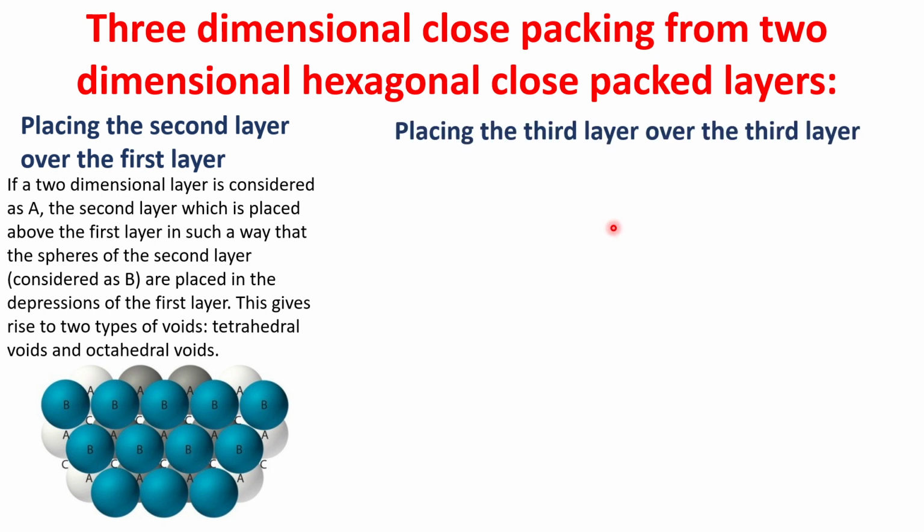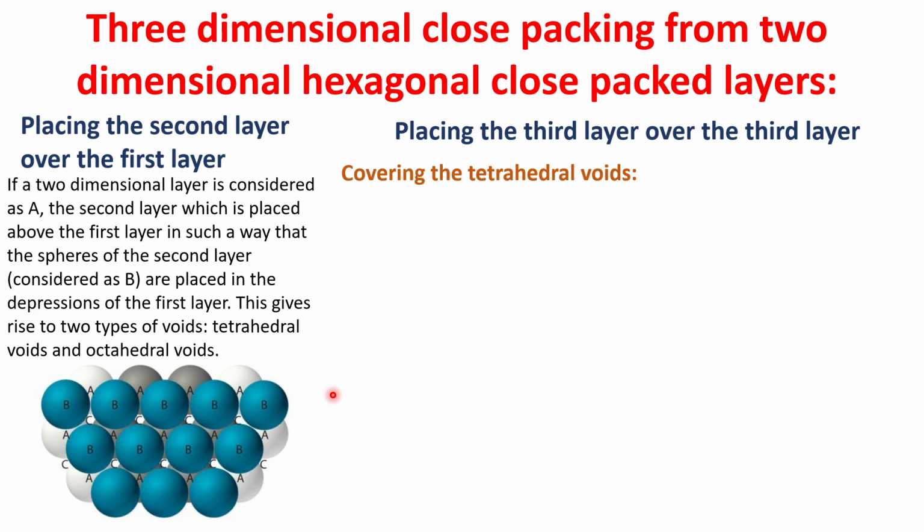Now coming to the third layer. Till now I just told you how the voids are generated if the second layer is present exactly in the depression, or if the second layer is not present over the depression.